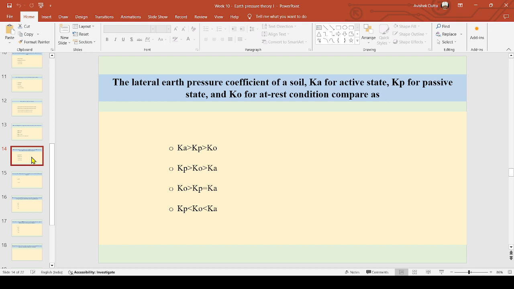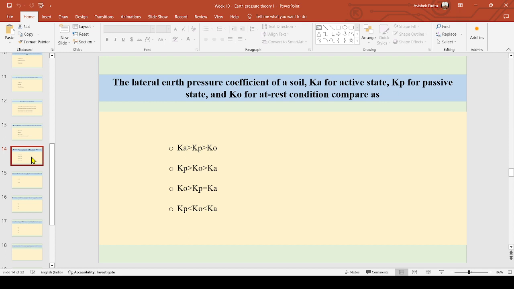Last option is Kp less than K0 less than Ka. That is, the coefficient of earth pressure at rest is more than the coefficient of passive earth pressure, and the coefficient of active earth pressure is maximum.